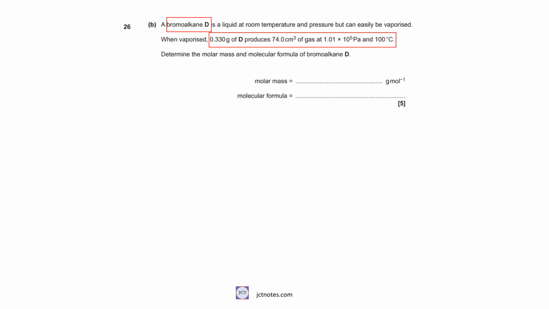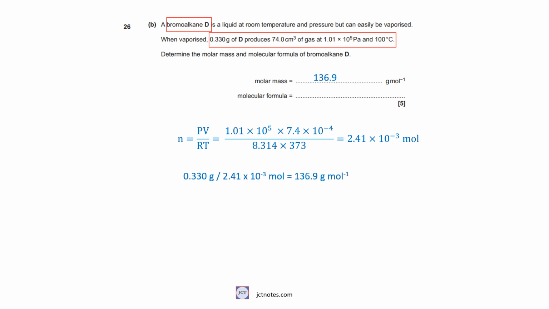Using the ideal gas equation and making the number of moles the subject, remember to convert cubic centimeters to cubic meters and Celsius to Kelvin. We get 2.41 times 10 to the power of -3 moles. As we know that the mass is 0.33 grams, we get a molar mass of 136.9 grams per mole.